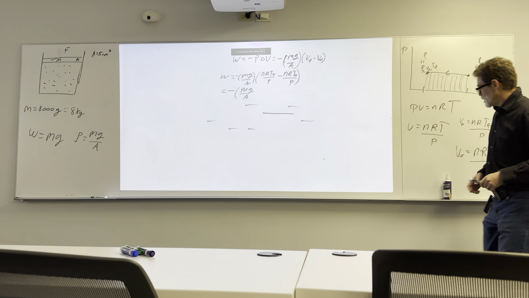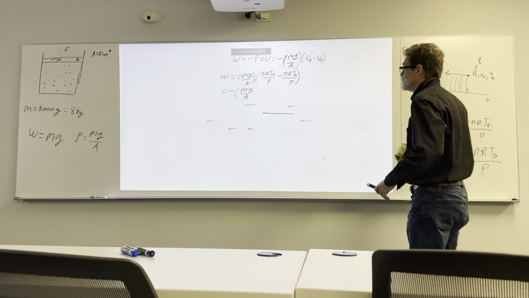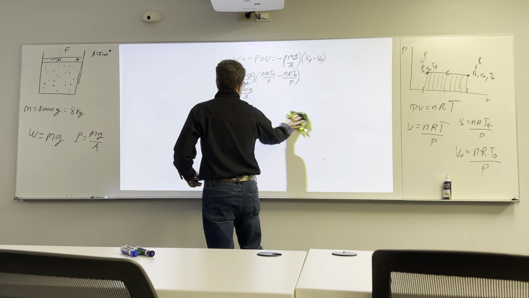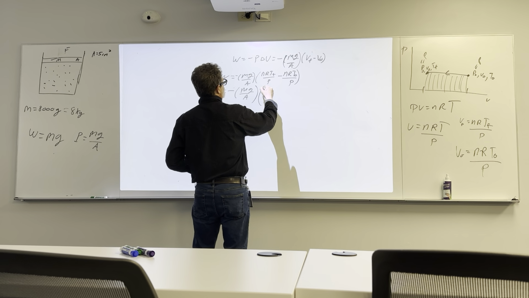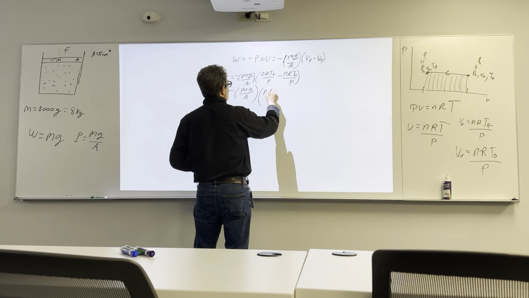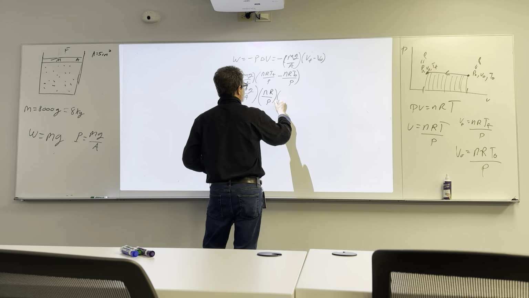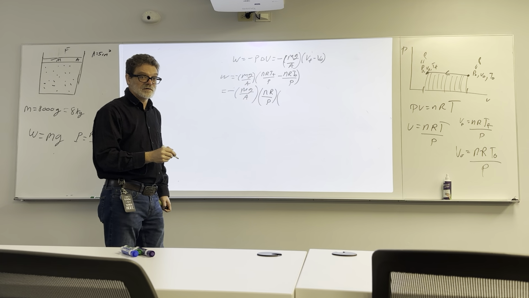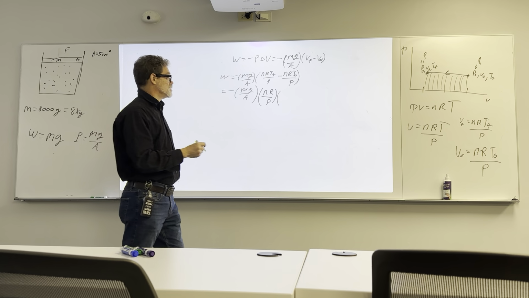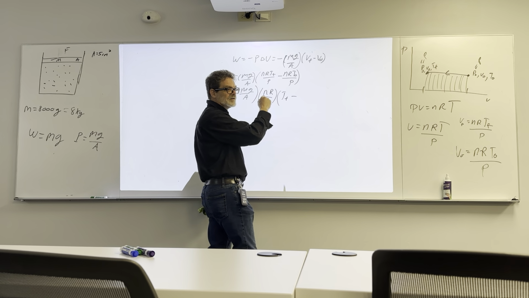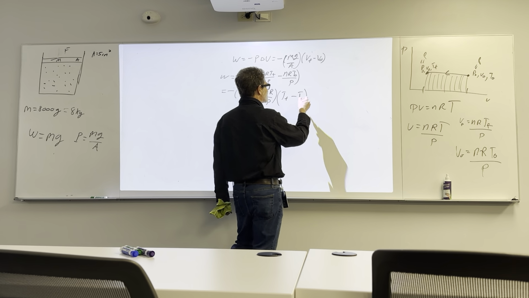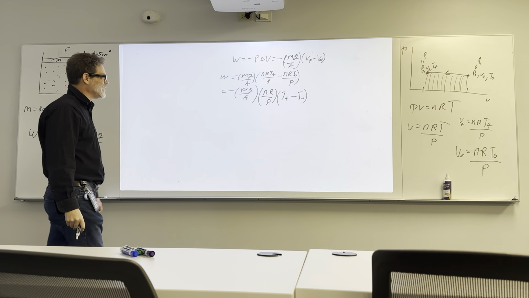Okay, now I can erase some stuff here. So minus mg over A, and I factored out an nR over P, and then what am I left with? T final minus T initial. Subtract, right?